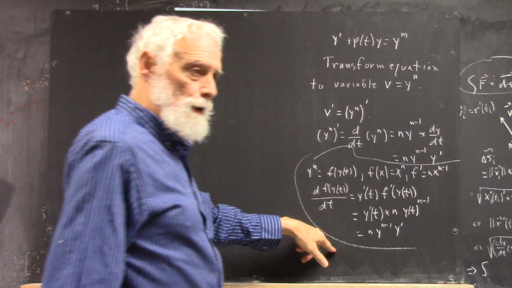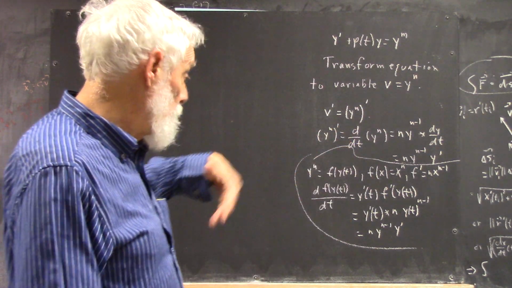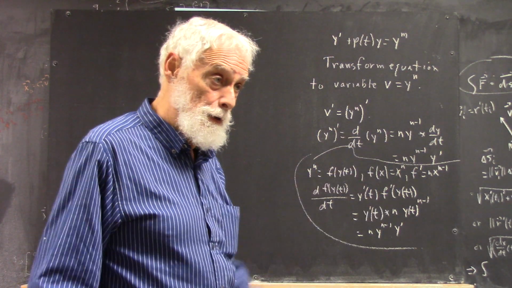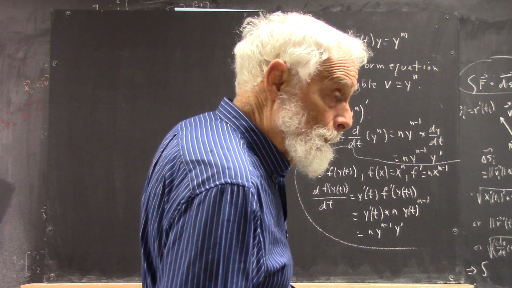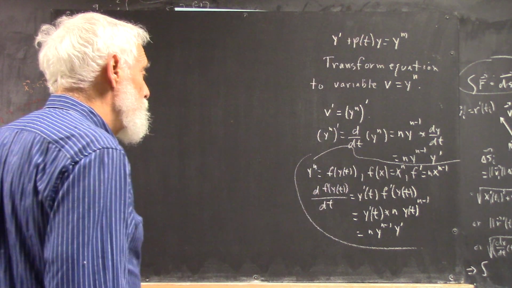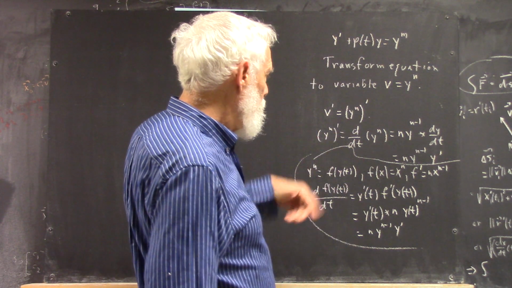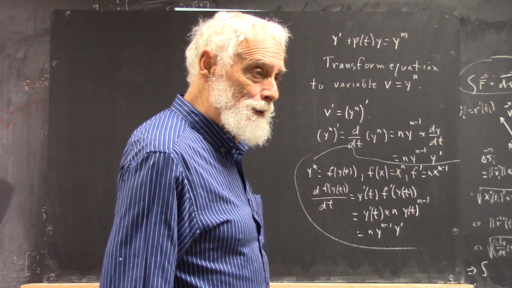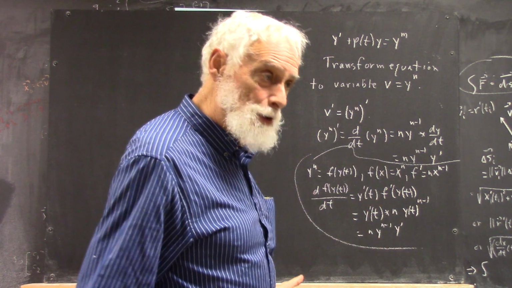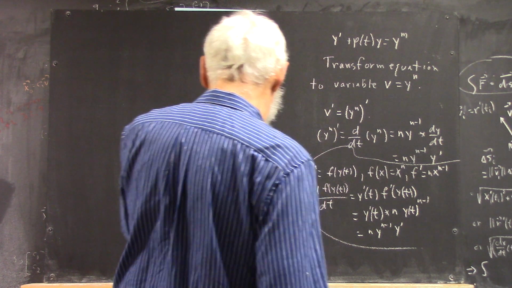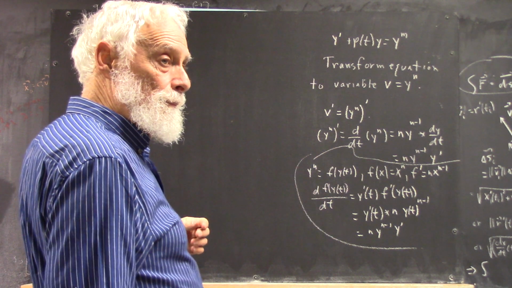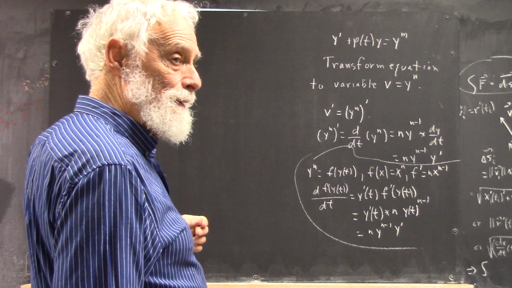There's another way of seeing that this is what it is, and it's very important to understand this. It comes up all the time, okay? If you just write the derivative of y to the n as n y to the n minus 1, you bypass the chain rule. I couldn't remember how the chain rule works with implicit differentiation.